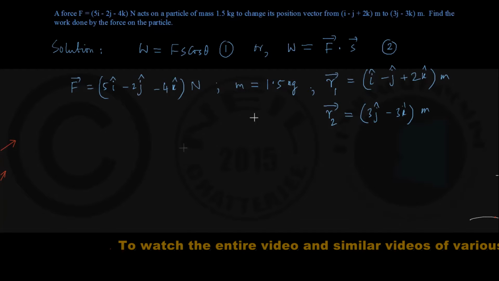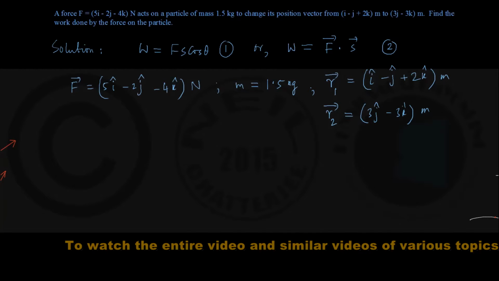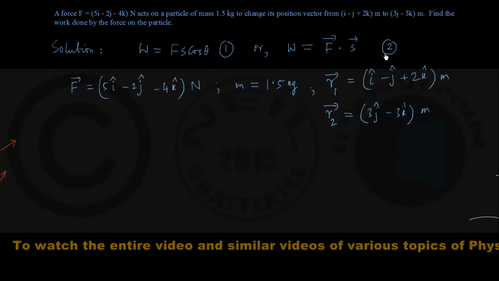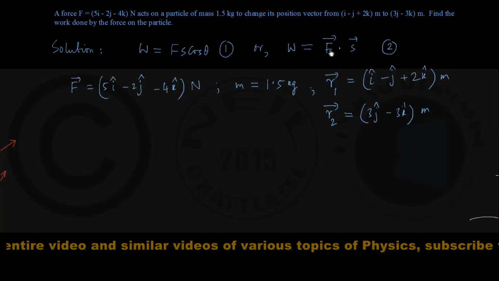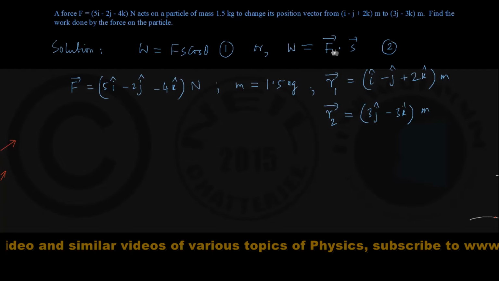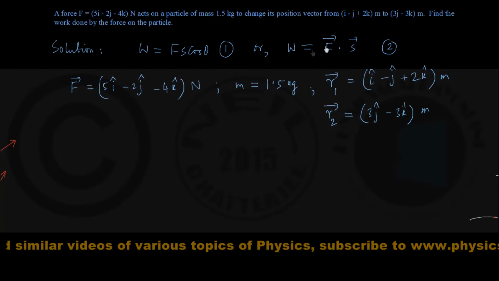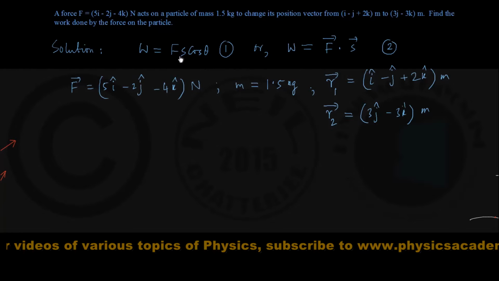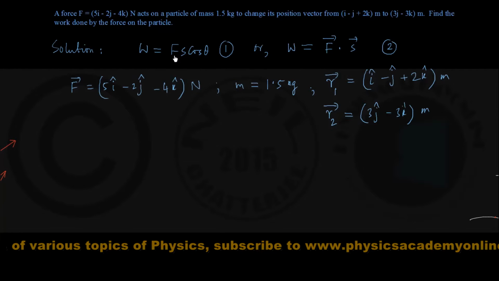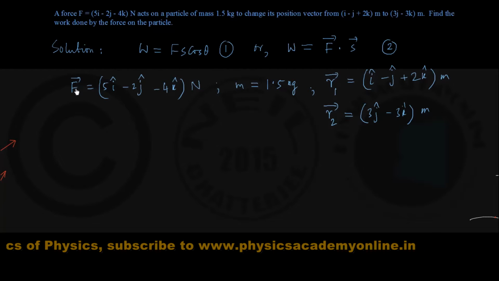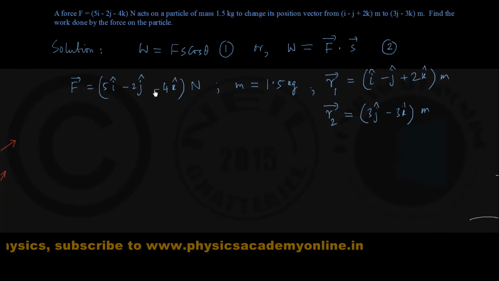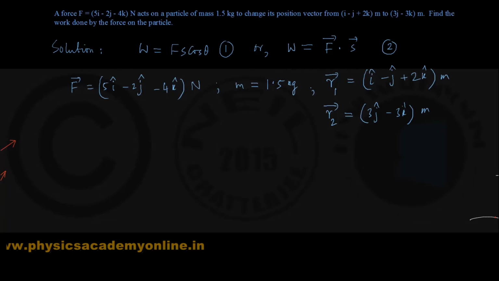So here, as we can see from the formulas, we can guess we possibly require formula number 2, because work is given by the dot product of force and displacement vectors, and force as a vector is given by this formula here. Obviously the magnitude part is not given in the question. They have given straight away the force as a vector. So I might give my attention to this formula number 2. This is what we must now focus on.